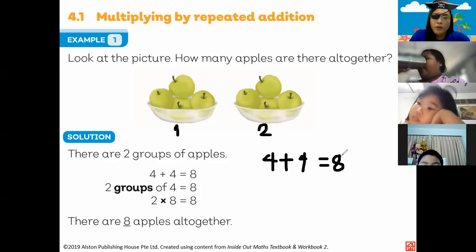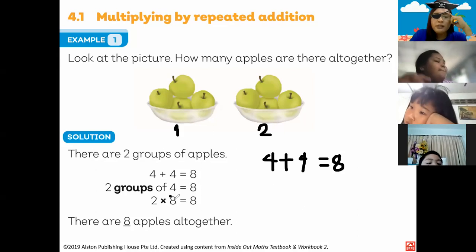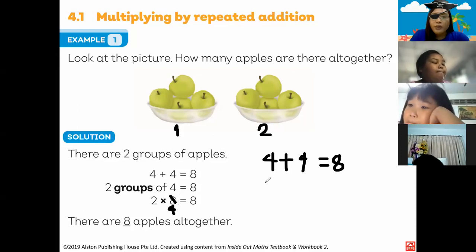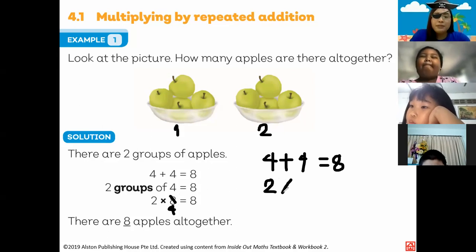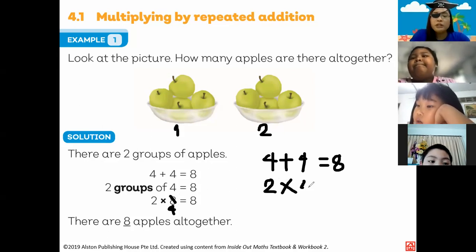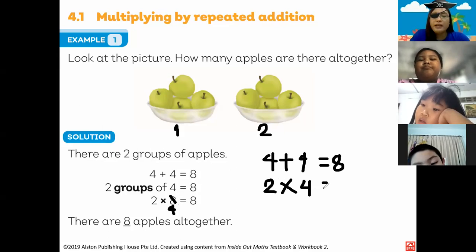And if we are going to multiply, you just have to write, oh, this one is supposed to be 4. So if we're going to multiply, we just have to write the number of groups, which is 2, and the number of apples, which is 4, okay?